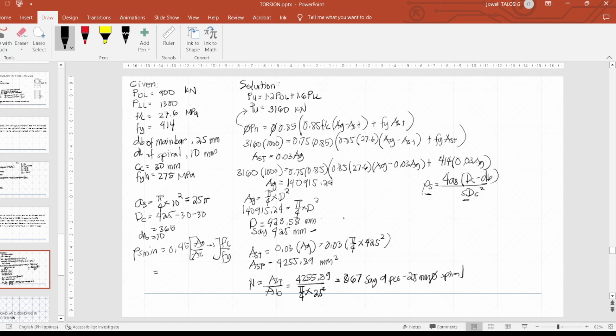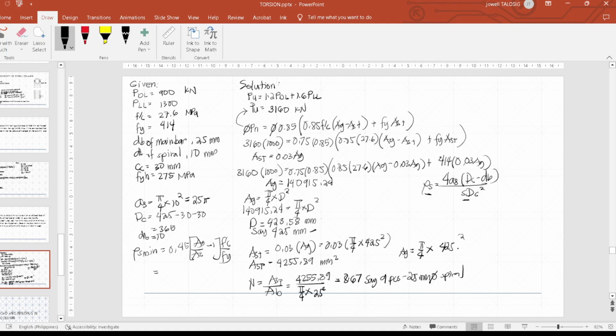So lagay natin yung mga value. What is our AG? So ang AG natin class, using the diameter of 425. Okay, wag mong ilalagay yung 140915 na AG na nasolve natin mula doon sa equation. So gamitin natin yung dineside natin diameter, actual diameter, or the design diameter of your spiral.